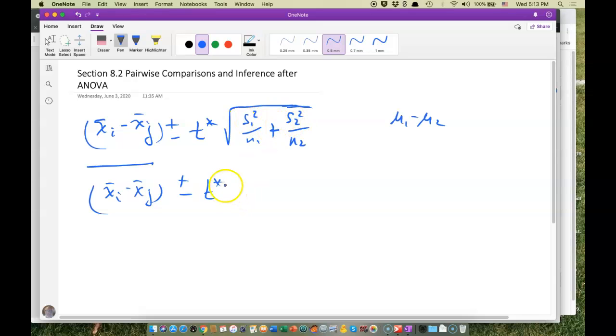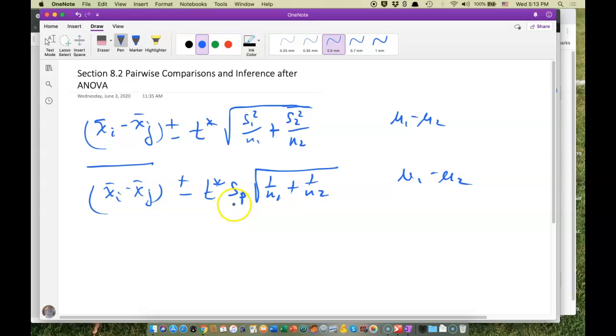So those will be the same, and then when we take it out of the square root, we get a common factor. So that's the square root of MSE. Well, let's not go there yet. We could just call that S_p, the pooled standard deviation, times the square root of 1 over n1 plus 1 over n2. So that would be if we just had two groups, mu1 minus mu2.